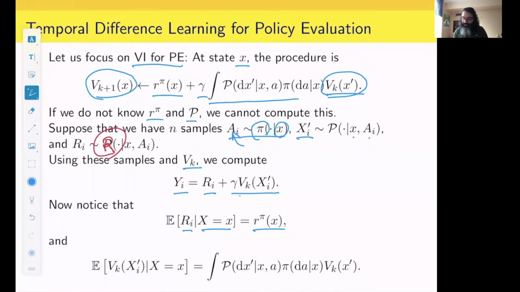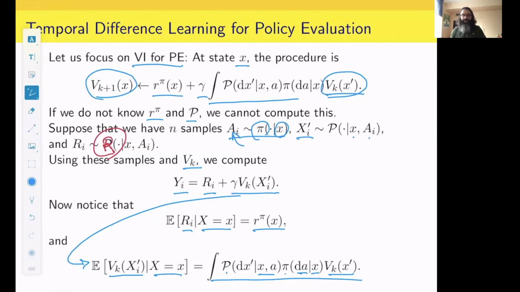For the second term, the conditional expectation of V_k at x_i prime, conditioned on X being x, would be the integral of P of x prime conditioned on x and a, times pi of a conditioned on x, times V_k of x prime.